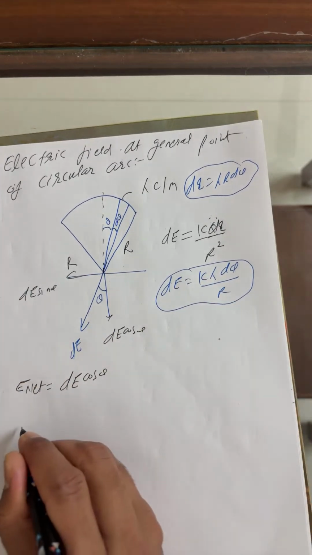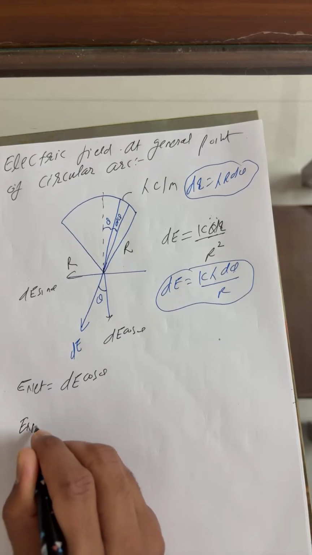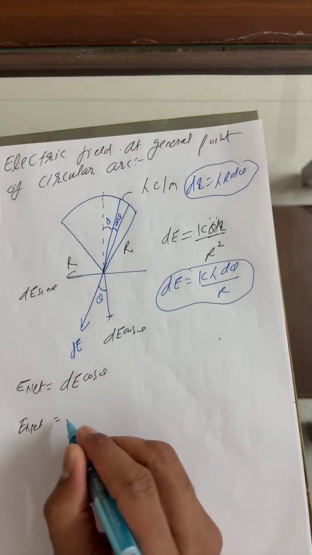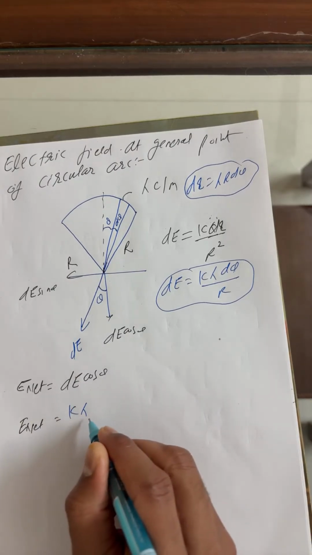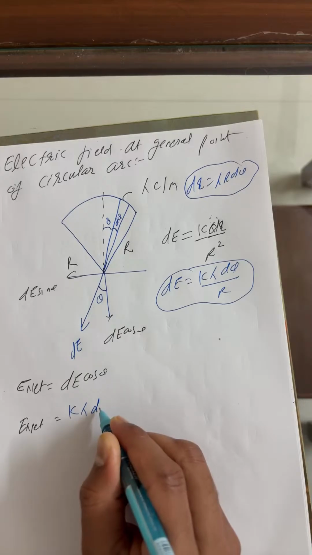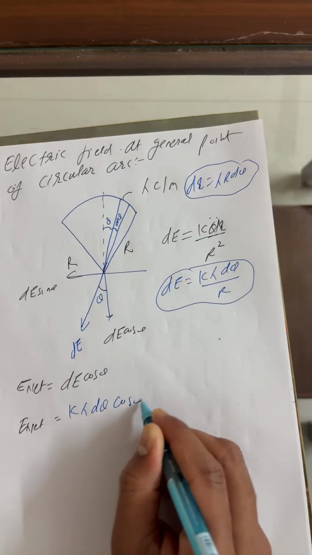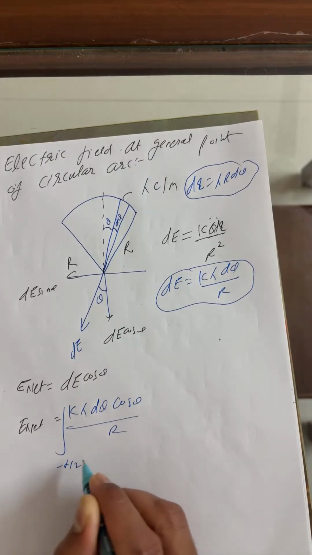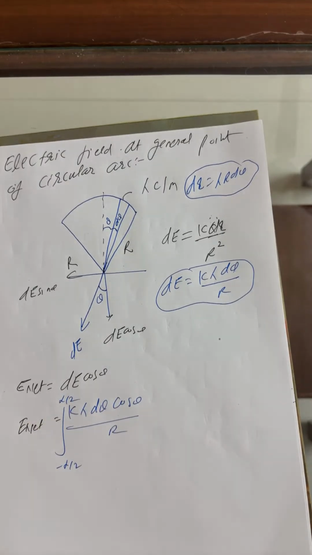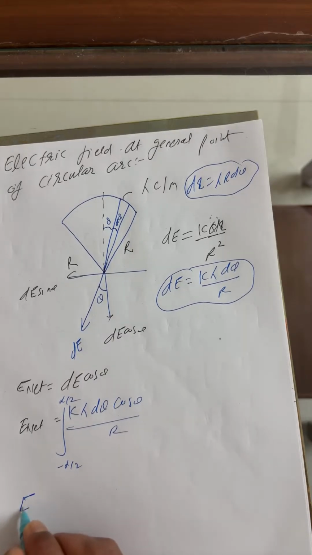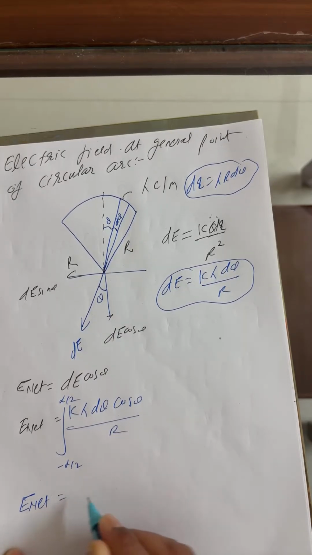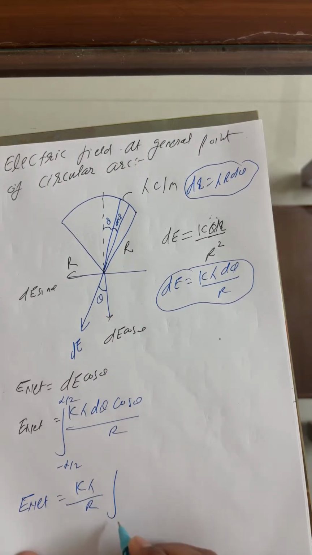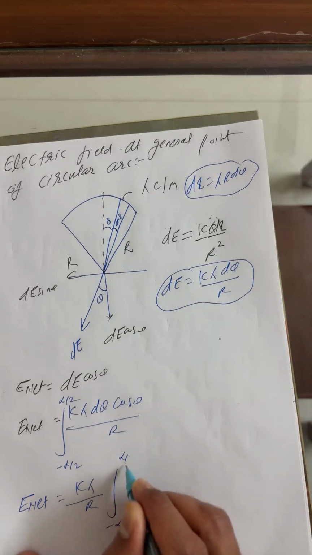dE is already found here, so you can write the net electric field as the integral of k lambda d theta cos theta upon r, with limits from minus alpha by 2 to alpha by 2. So the electric field is k lambda by r times the integral from minus alpha by 2 to alpha by 2.